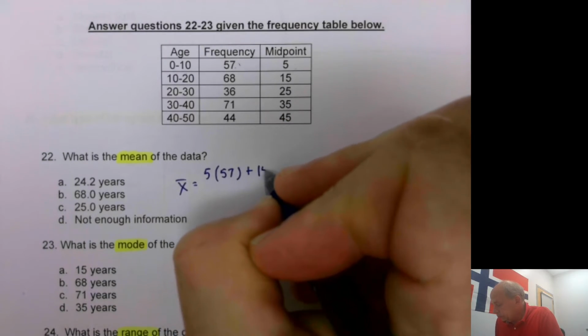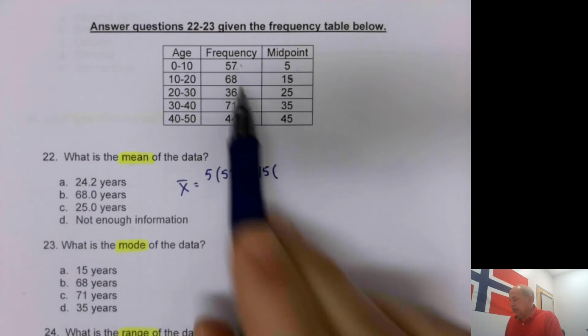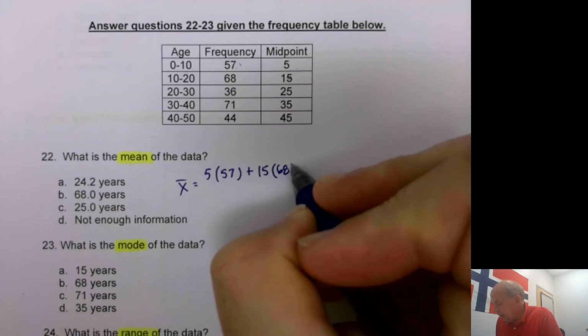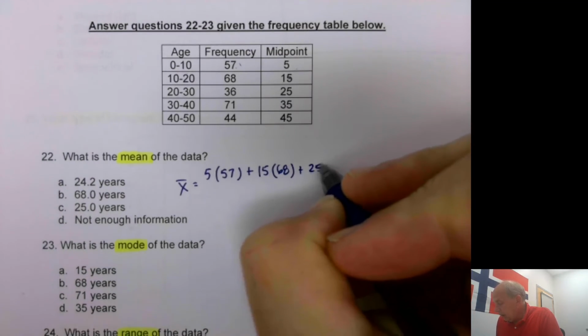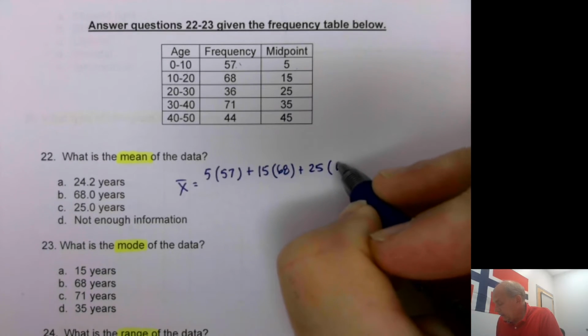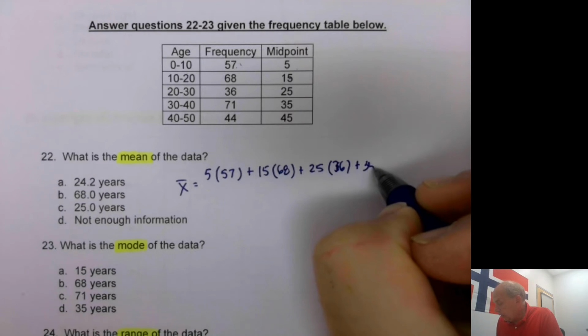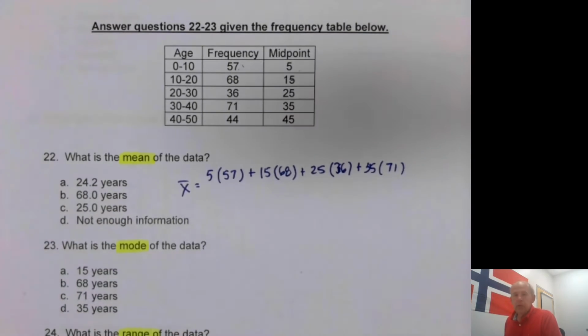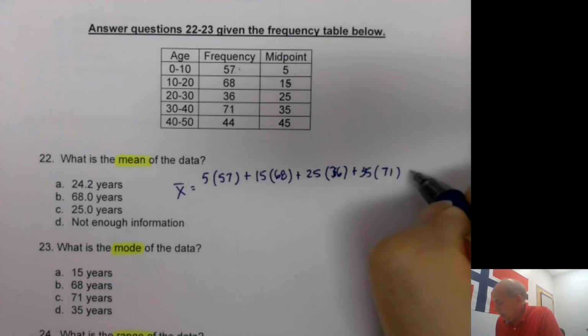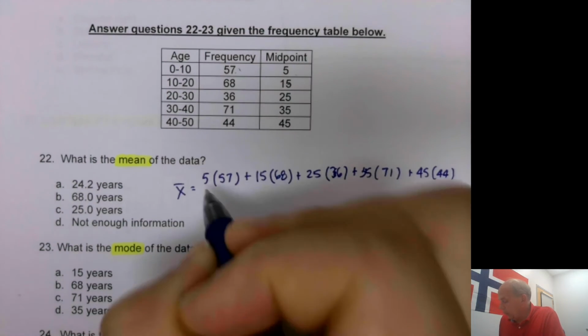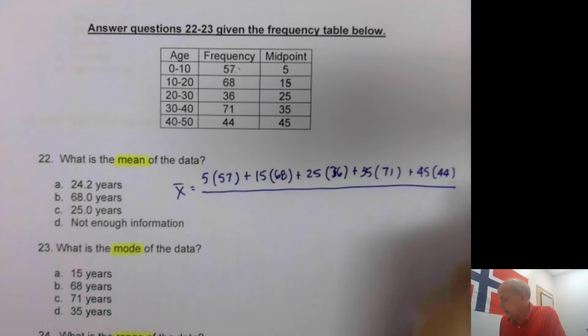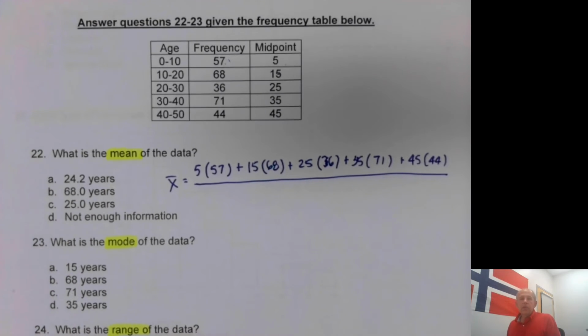There are the teenagers that I'm going to say are 15. There were 68 of them. The young adults, they were 25 years old. There were 36 of them. The 35-year-olds, there were 71 of them. 45-year-olds, 44 of them.